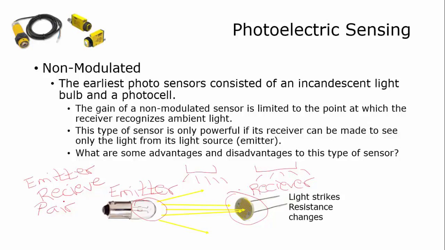They have some advantages to them. The biggest advantage is getting rid of the ambient light. I can go through a fairly large explanation of some of the disadvantages, but even though they're used yet, they're not used in a great many applications.